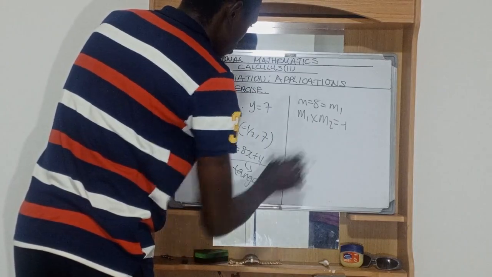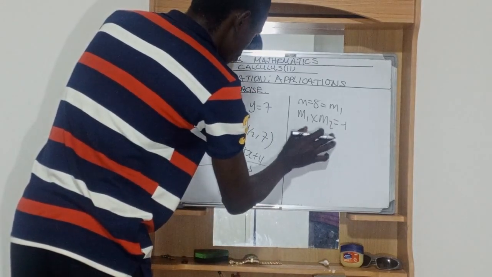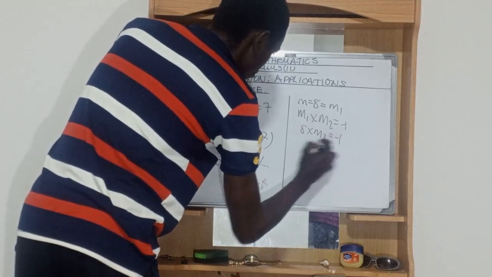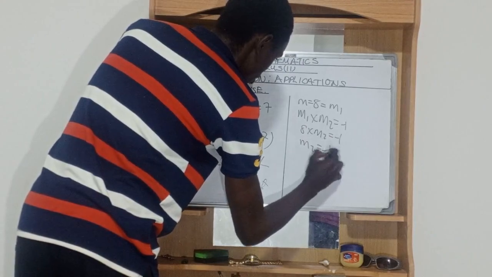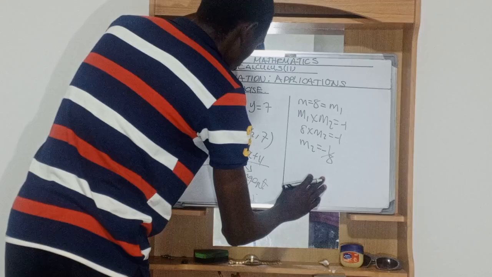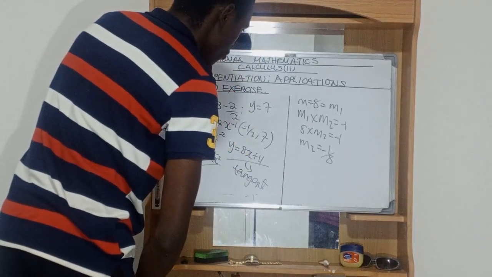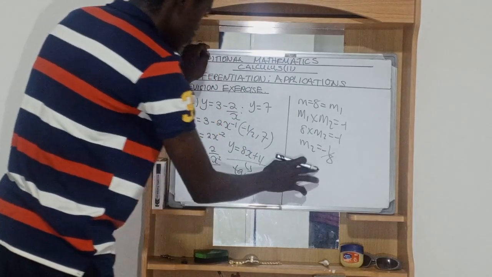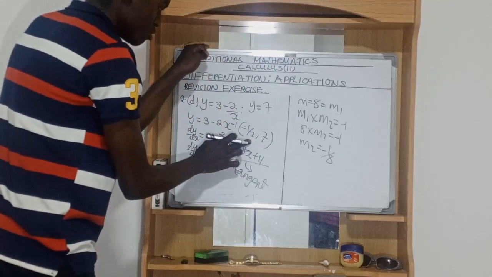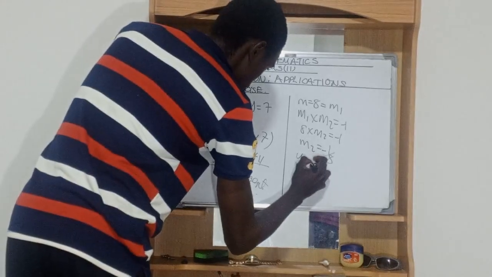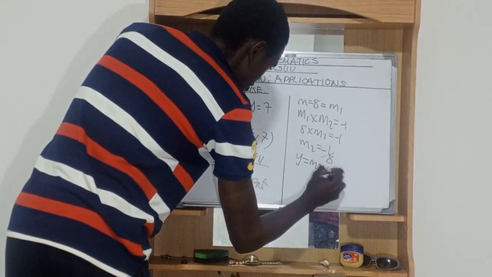So 8 times m2 is equal to -1, so m2 is equal to -1 over 8. That's the second gradient, which we are going to use for the equation of the normal. So we substitute the x-coordinate, -1/2, to find the value of c in the slope-intercept form, y is equal to mx plus c.